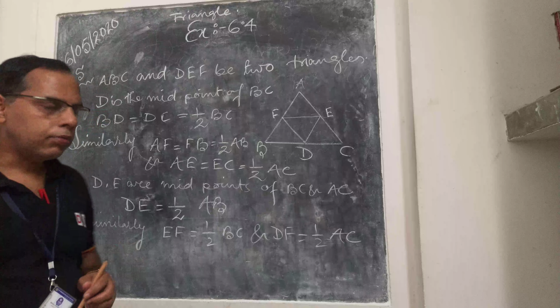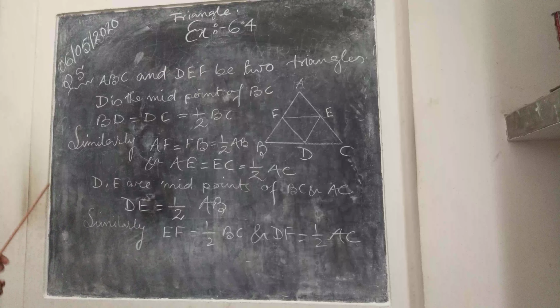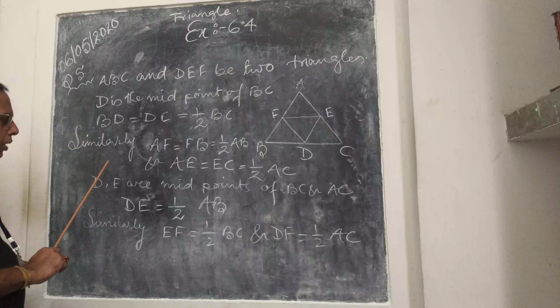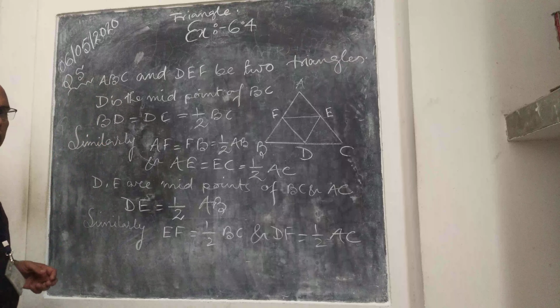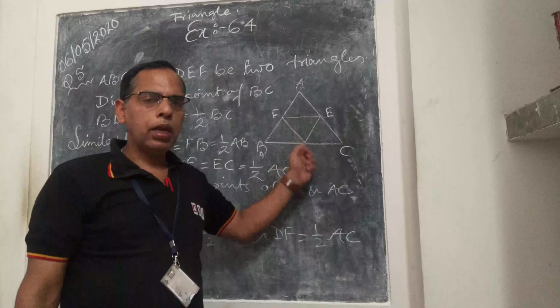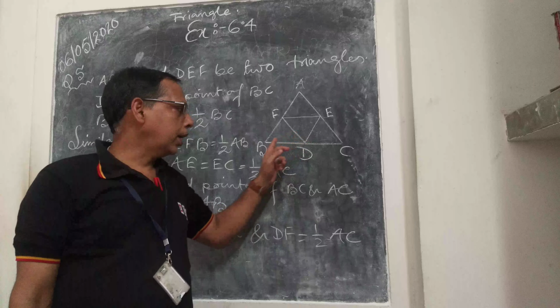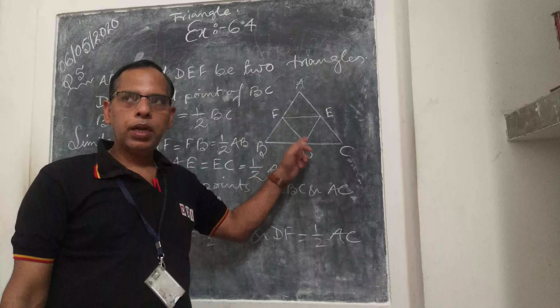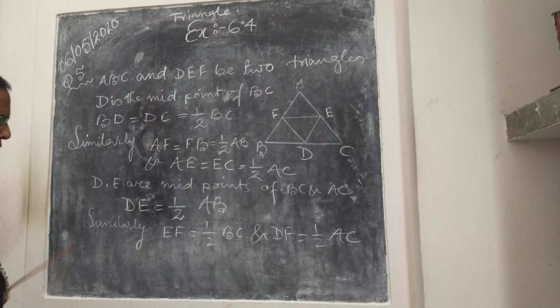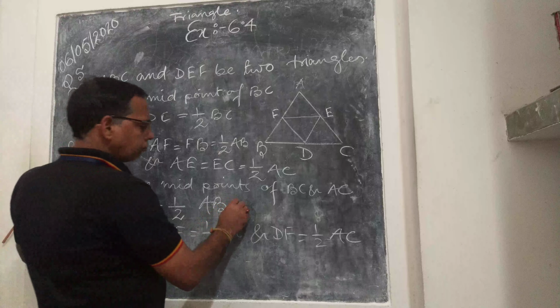So remember, my dear students, this part will be needed only if they ask you to prove that AEF is similar to triangle ABC or triangle BDF is similar to triangle ABC. Otherwise it will not be needed.